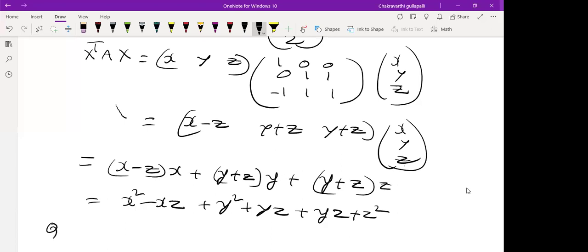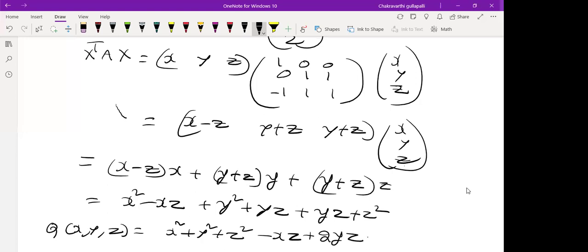So the quadratic form Q(X, Y, Z) is equal to X square plus Y square plus Z square minus XZ plus 2YZ. This is the required quadratic form.